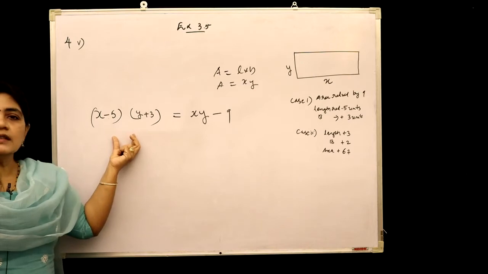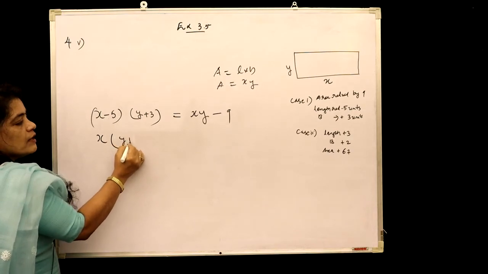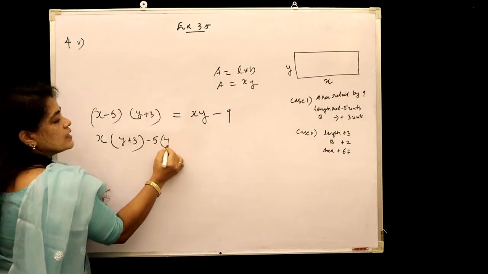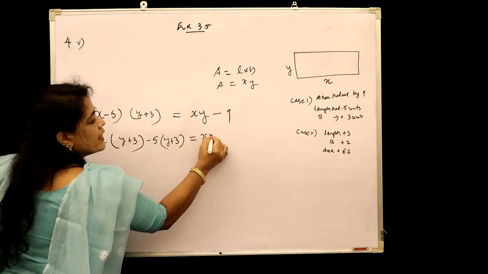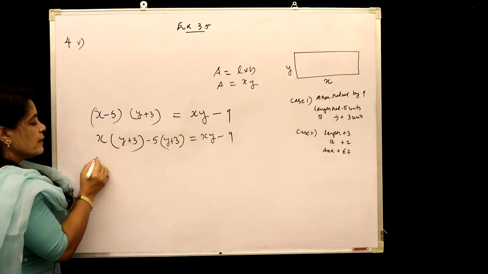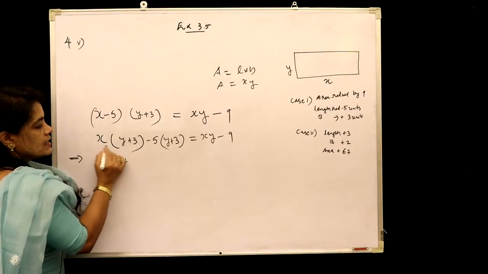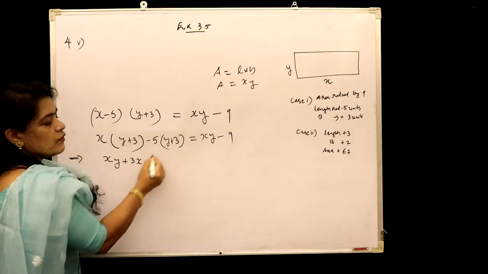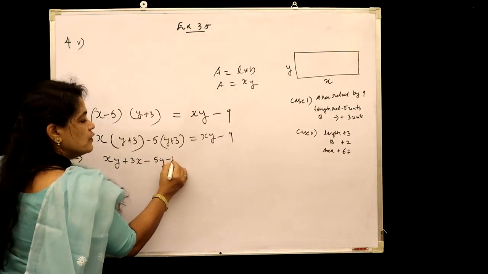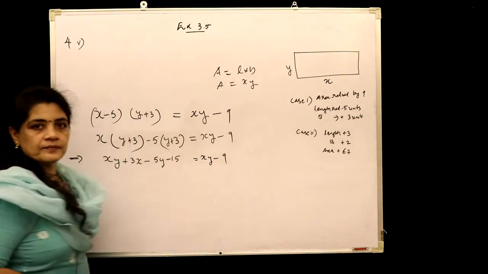To solve this LHS part, we multiply x with the second factor y plus 3, and minus 5 with the second factor y plus 3. This is equal to xy minus 9. Term by term multiplication, opening the bracket using the distributive property: x into y is xy, x into 3 is 3x, minus 5 into y is minus 5y, minus 5 into plus 3 is minus 15, equal to xy minus 9.